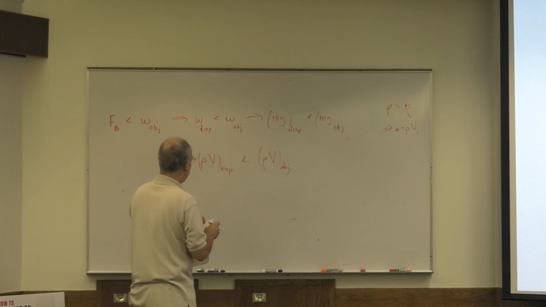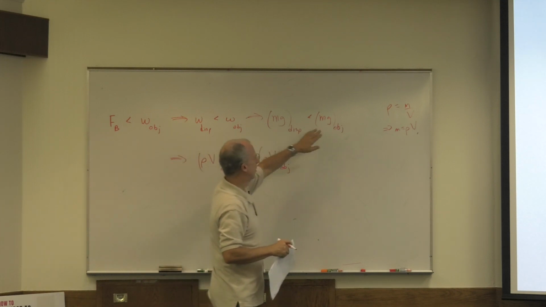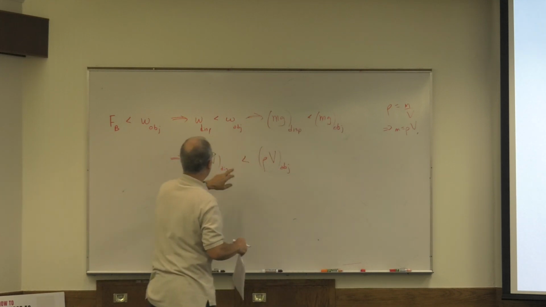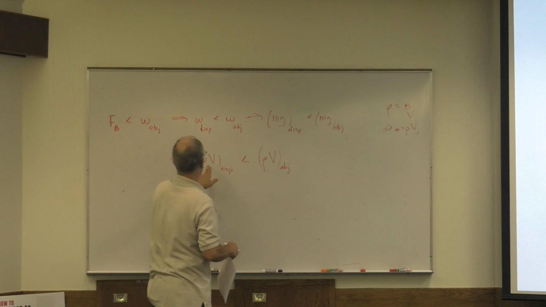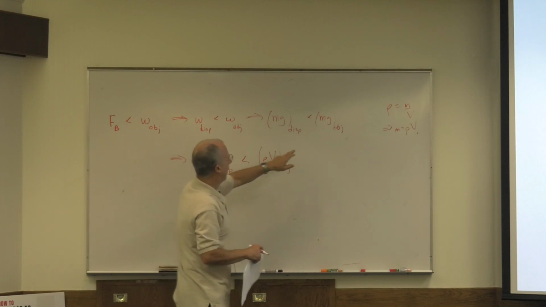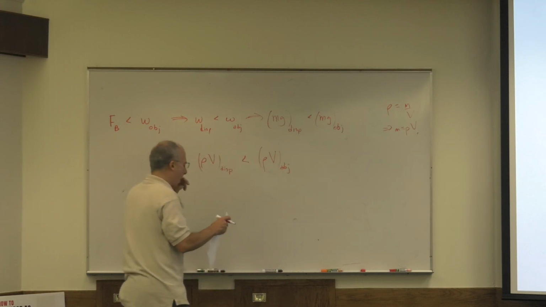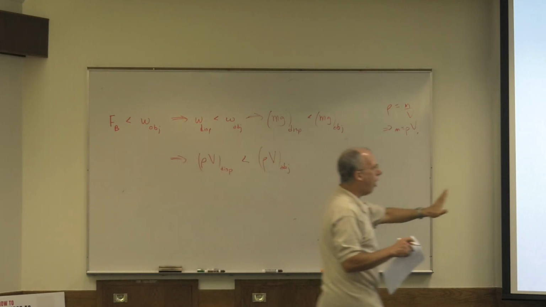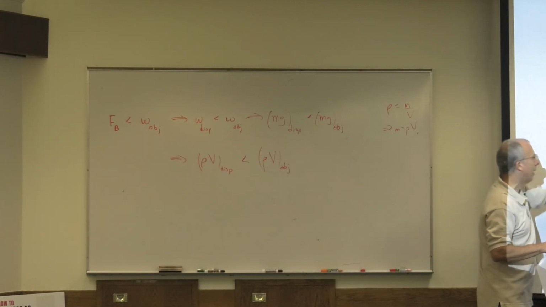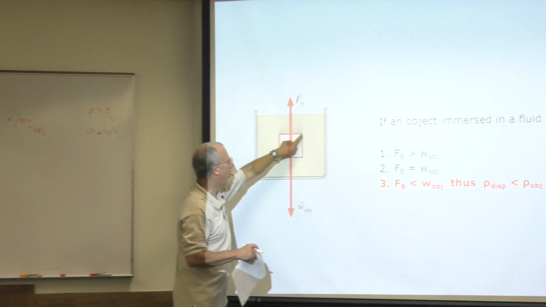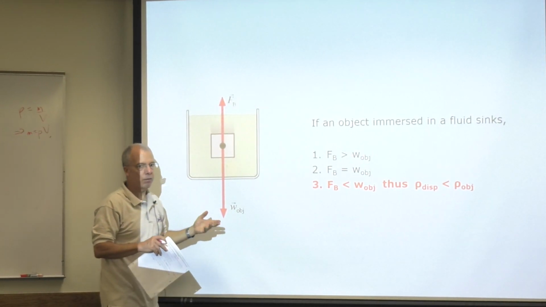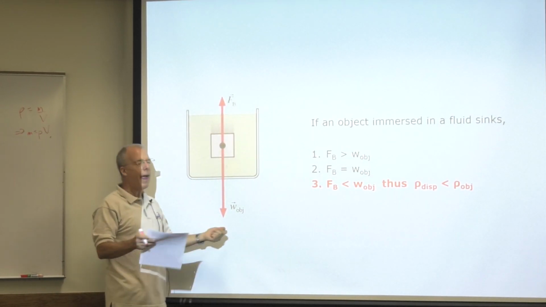Now notice I get rid of the g's, I divide them out. Okay? So this is rho V displaced fluid. This is rho V object. Now, look, the object is submerged in the water. So isn't the volume of the object the same as the volume of the fluid displaced? Well, yeah.